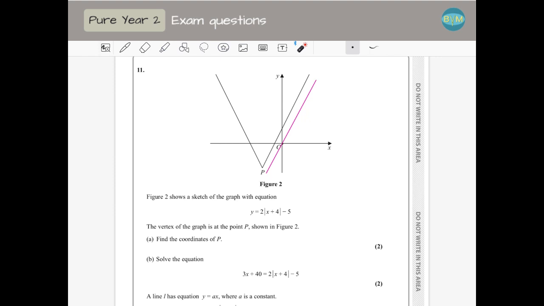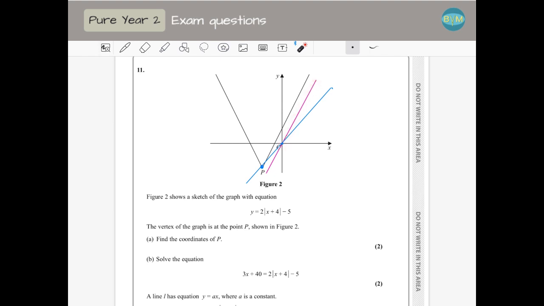But if you consider the line that passes through this point here, touching the vertex and passing through the origin, this line is going to cut in one point. When this gradient decreases, so when it goes this way, this line will cut my function twice, up to here, because beyond this it won't touch any point.